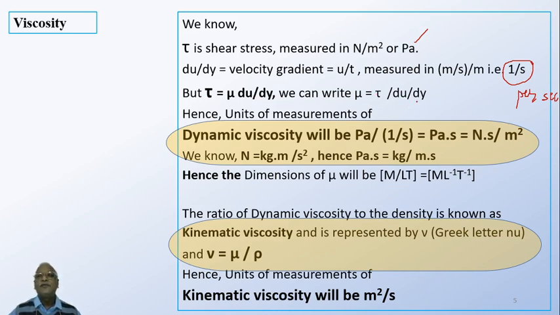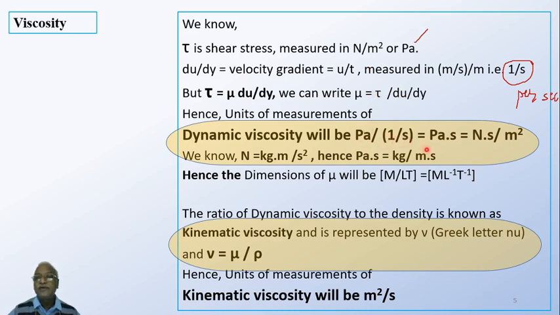Now we'll evaluate the units of mu. Hence, units of measurement of dynamic viscosity will be Pascal, that is tau shear stress, divided by du by dy, which is per second.